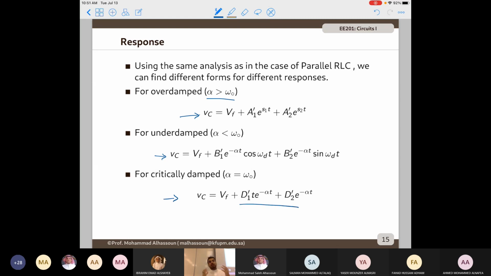So you can think about this behavior as the standard form, and the natural response as a special case where VF is 0, where the final value is 0. Any questions, Shabab?